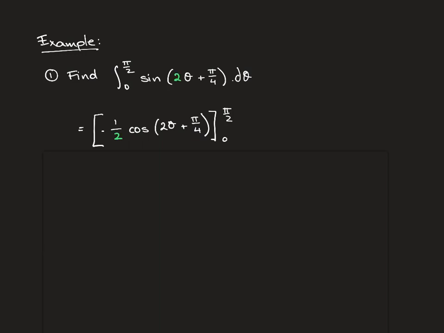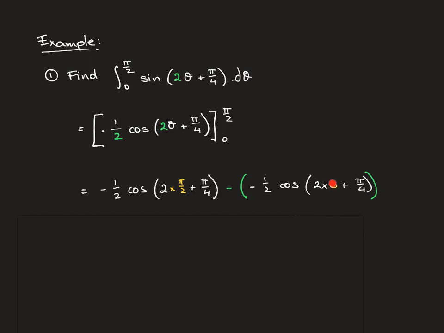And so the 2 comes out the front as negative 1 on 2, and our 2 stays in the bracket in our trig function, and our 2 terminal points go on the end, and our pi on 4 just kind of sits there. We just copy it straight down. Then we substitute our values in, so substitute in pi on 2 first, and then take away our antiderivative with 0 substituted in for theta.